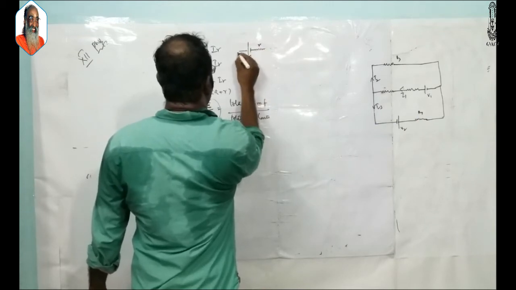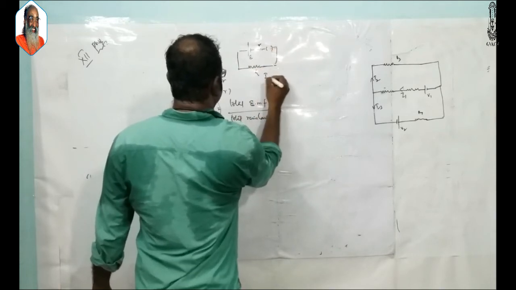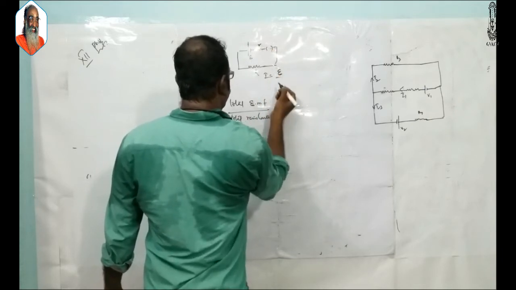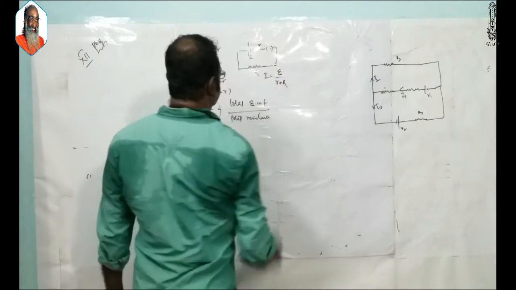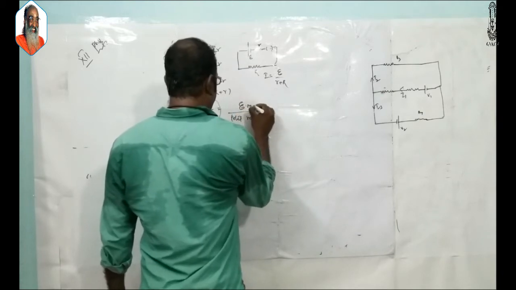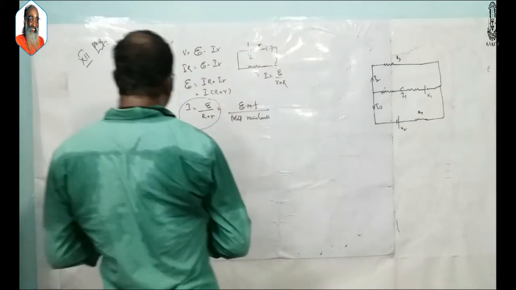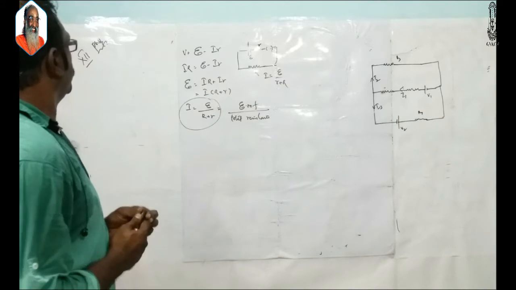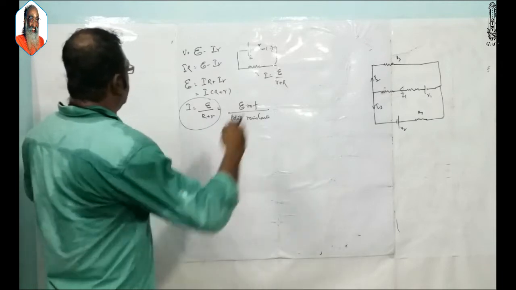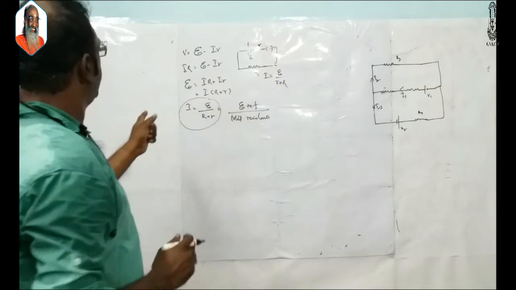If it is connected to external resistance R, then the current in the circuit is given by the total EMF, E, by the total resistance R plus r. Instead of total EMF, you can say the EMF, the maximum potential difference of the cell. Like that we can find the current in the resistance. For finding I, we can use this formula. Okay, right.